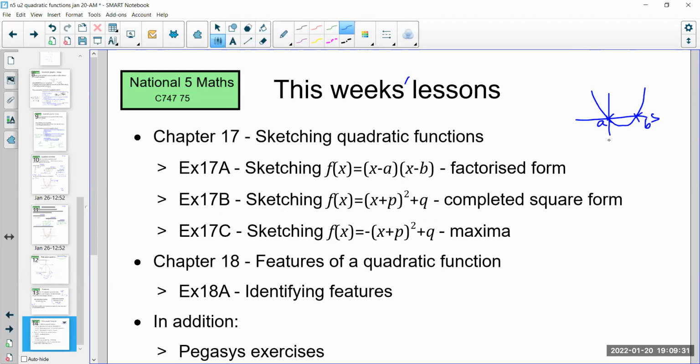That means when you've got negative p and q, you reach what we call a turning point. And then a maxima is more like this function, maximum turning point. Same thing here when you've got negative p and q. So that's what you'll do this week, 17a, 17b, 17c.